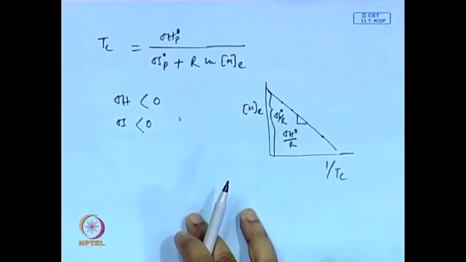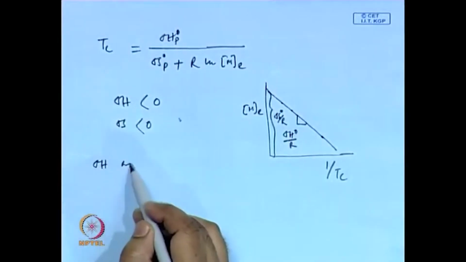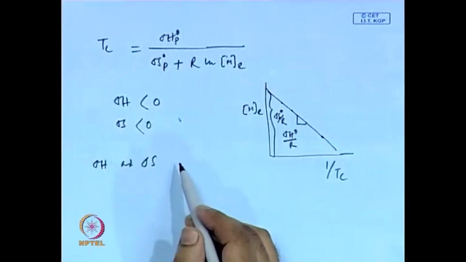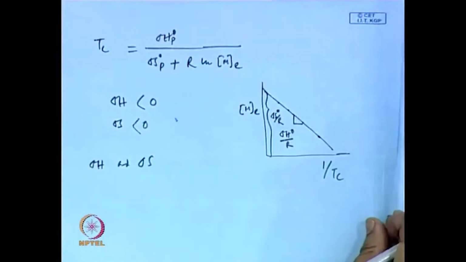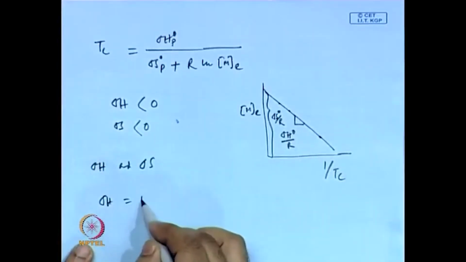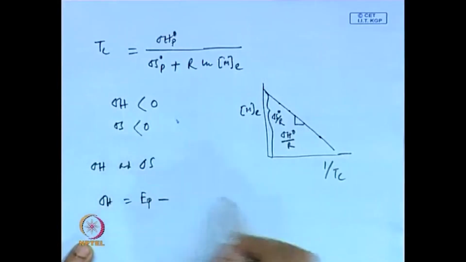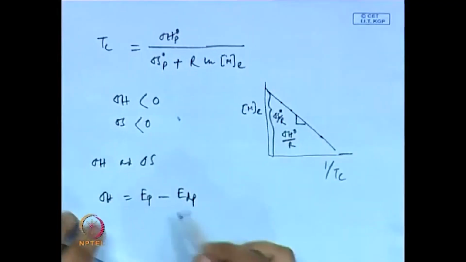Now, how do these numbers delta H and delta S vary with different monomers? Delta H, you know, is basically the difference in the activation energy of the propagation reaction and the depropagation reaction.